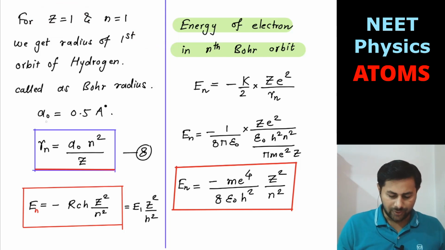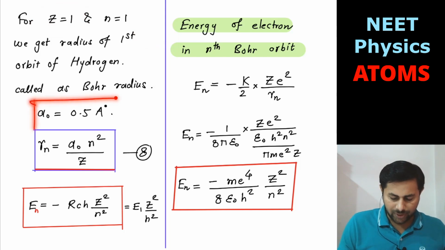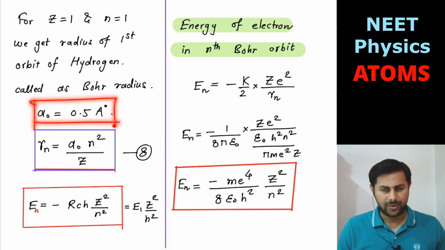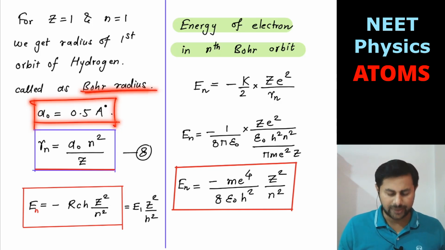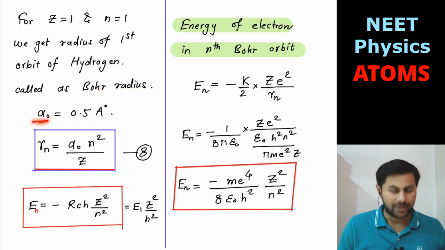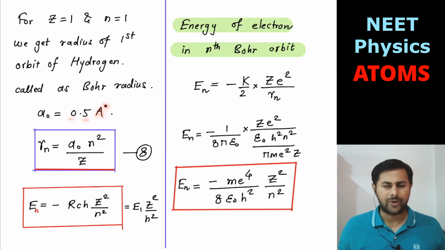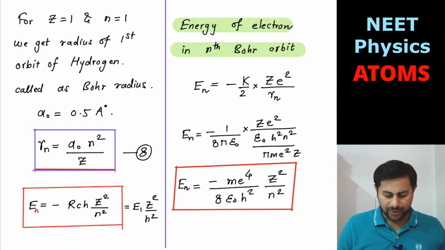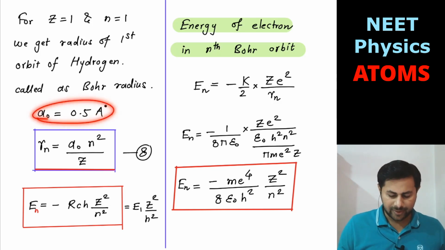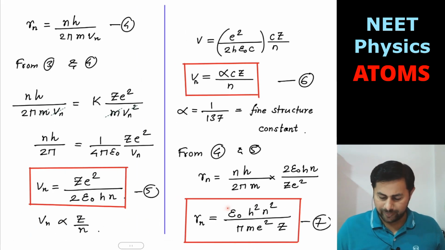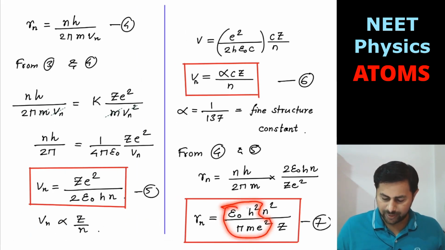Okay, so you get the radius of the first orbit of the hydrogen atom, right? And this is called the Bohr radius. Bohr radius is equal to a naught, that is 0.5 angstrom unit. Okay, and now if you substitute this back in this formula, the value of these things is equal to a naught.